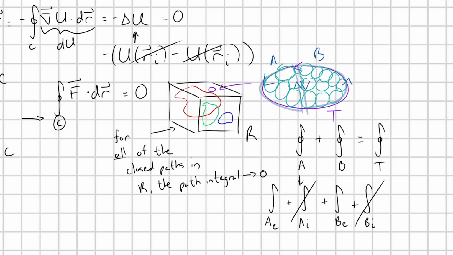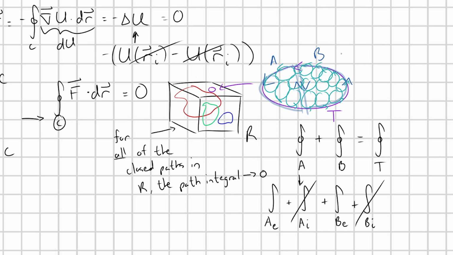And if their exteriors add up together to give you the net resulting total path, and their interiors are all going in opposite directions, all the interior bits are just going to cancel out with each other, and you're just going to be left with the total path integral, right?